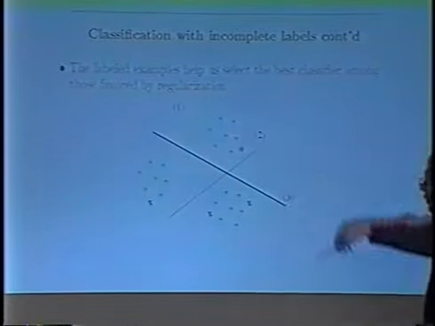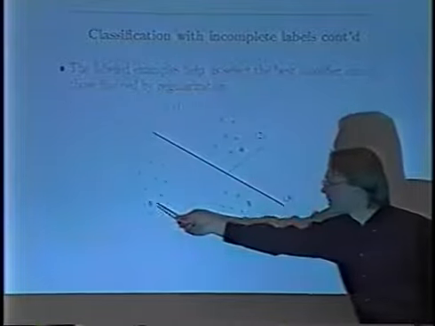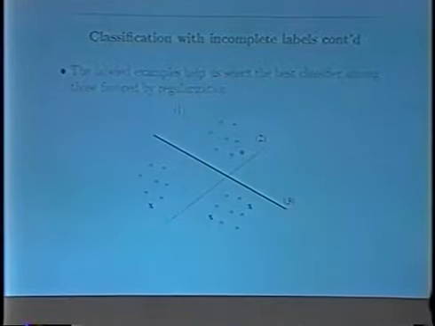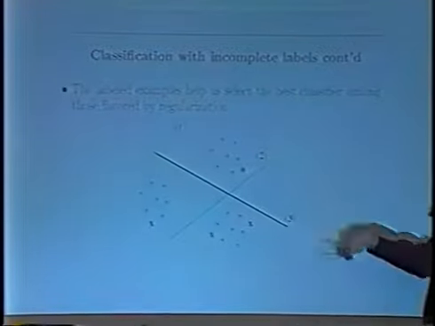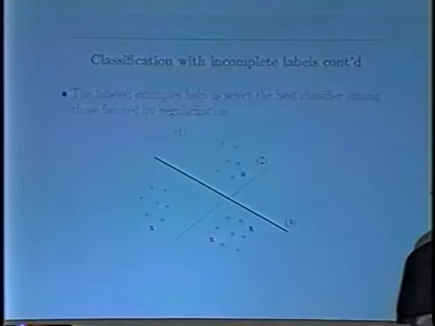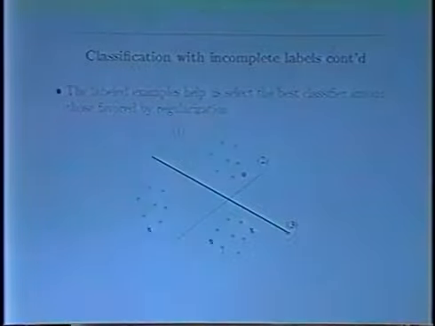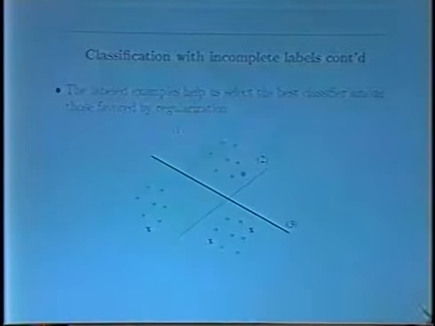And when we actually do get a few labeled examples here, then we can choose out of these selected ones the one that's most consistent with the labels. So hopefully this tells you that this maximum margin approach can actually exploit the unlabeled examples.